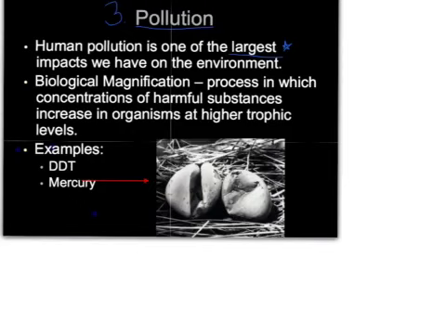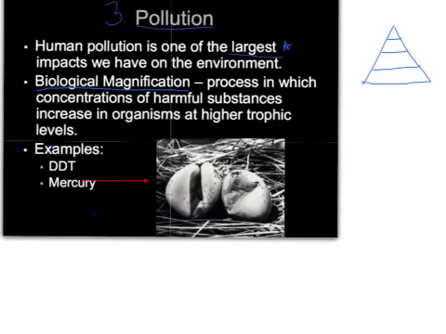Another reason that makes pollution such a big factor in biodiversity is biological magnification. This is the process in which concentrations of harmful substances increase in organisms at higher trophic levels. So remember back to our little pyramid, we had the different trophic levels.